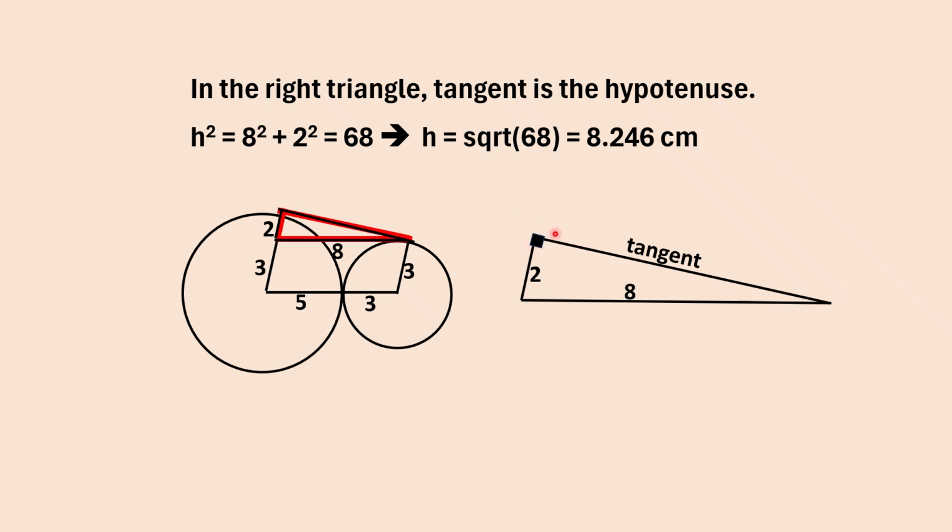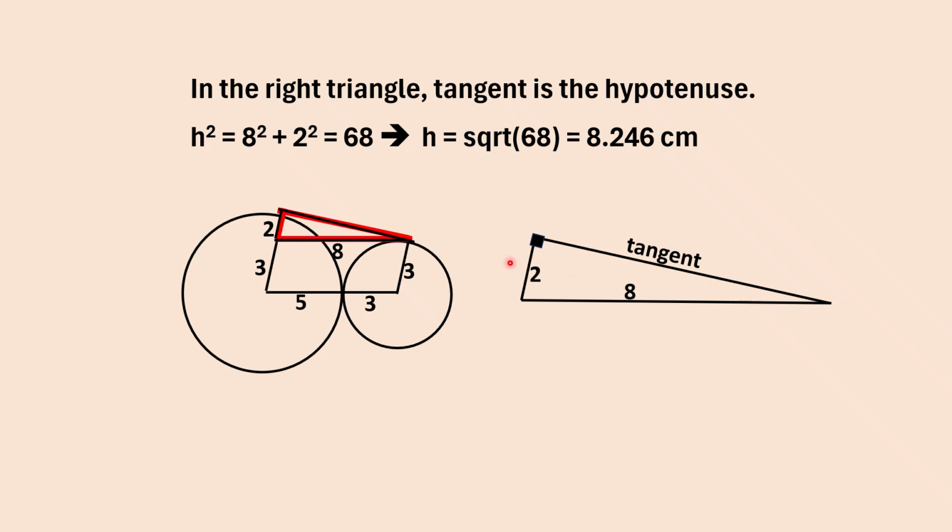So we get the tangent as the hypotenuse of the right angle triangle. The base is 8 centimeters and the altitude is 2 centimeters. So in the right angle triangle, the tangent is the hypotenuse, the altitude is 2, the base is 8.